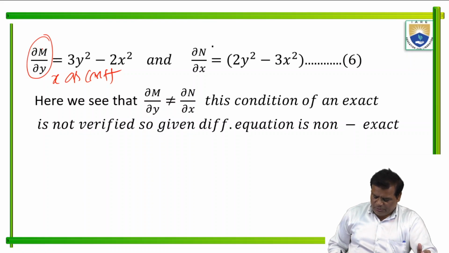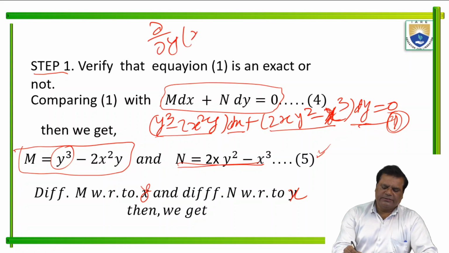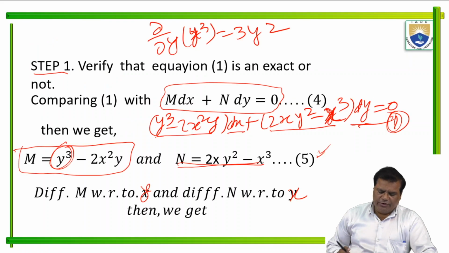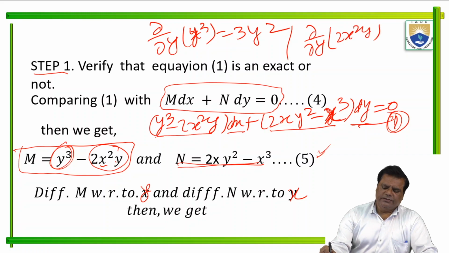So what is del m over del y? Here y cube: the differential of y cube is 3y square. Now the differentiation of 2x square y with respect to y: x is constant here, and the differentiation of y is 1, so it is 2x square.